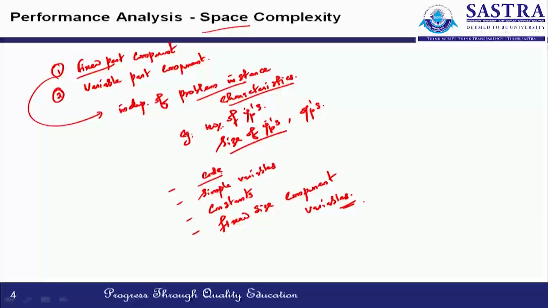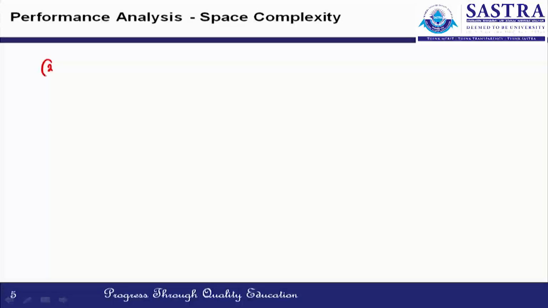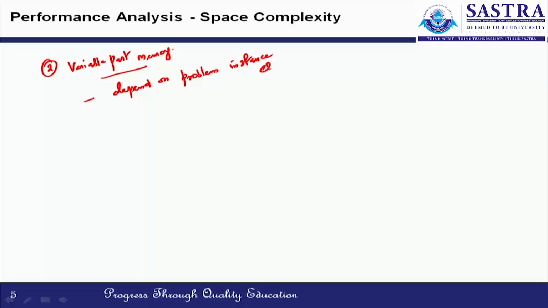The second one is the variable part memory. Variable part memory is completely dependent on the problem instance characteristics.